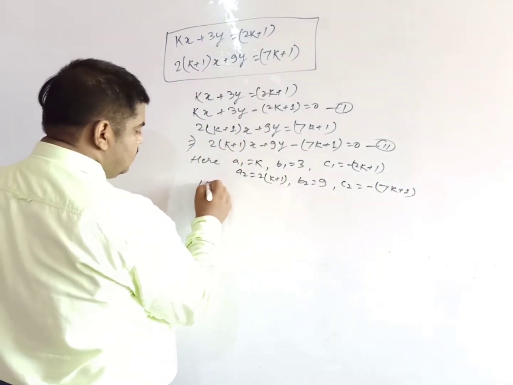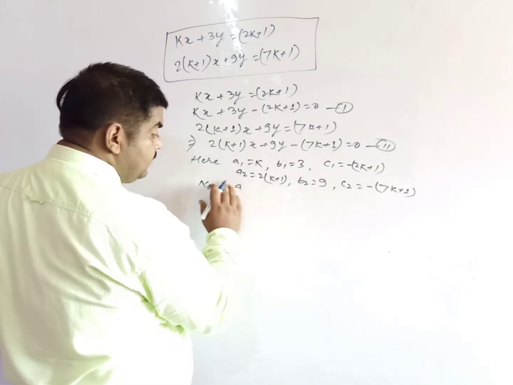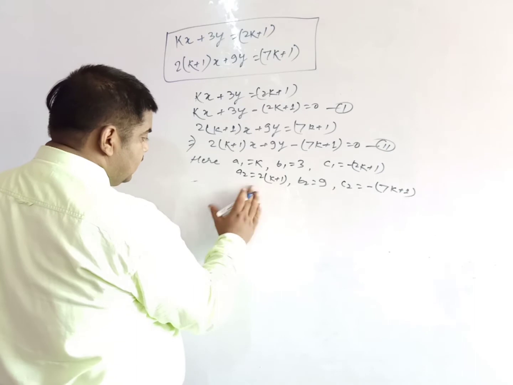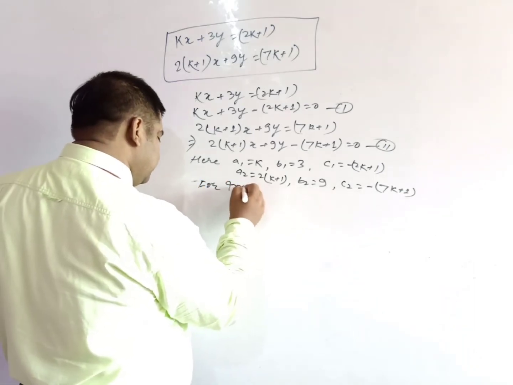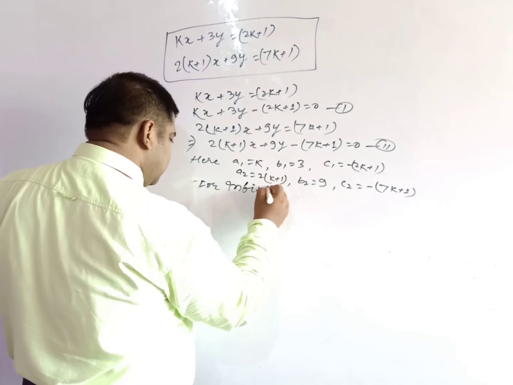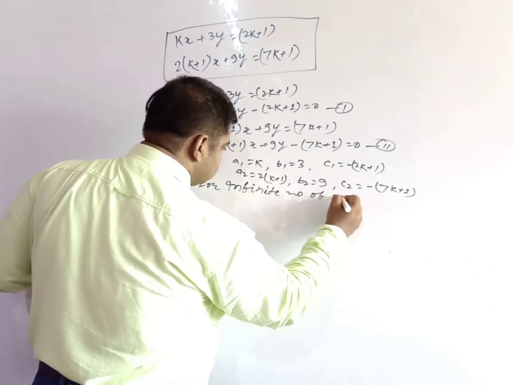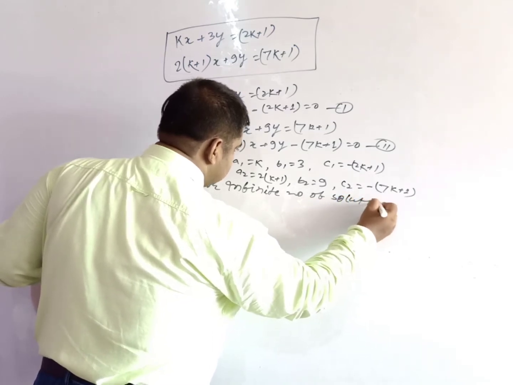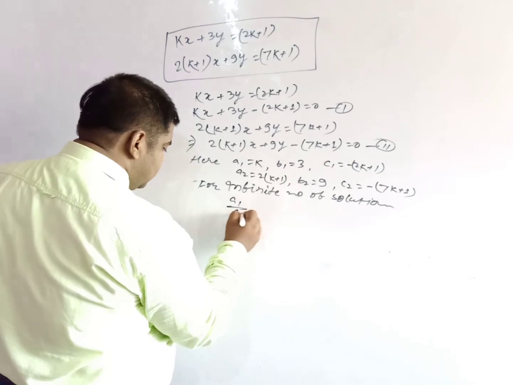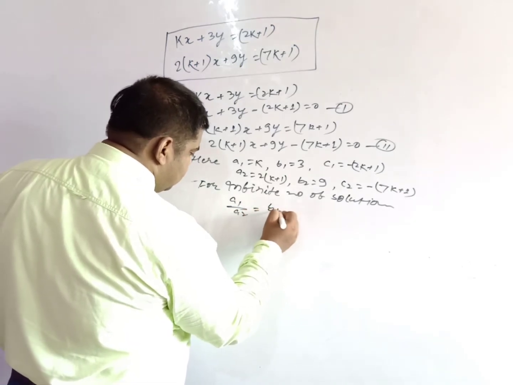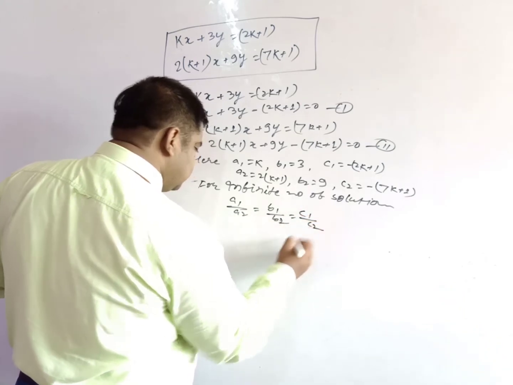Now you need to find the value of k for an infinite number of solutions. What is the condition for that? a1 upon a2 is equal to b1 upon b2 is equal to c1 upon c2.